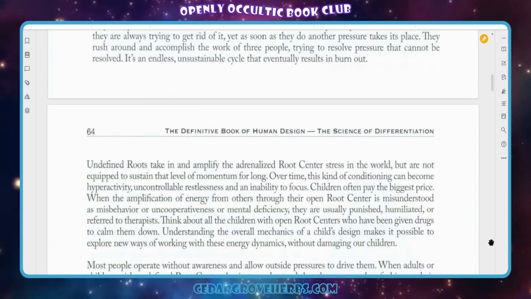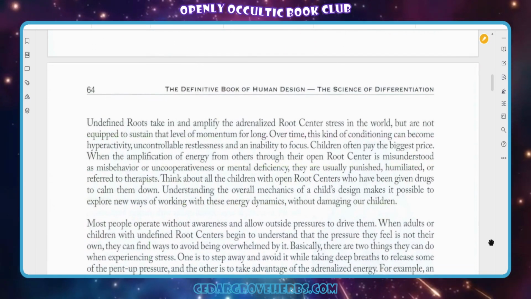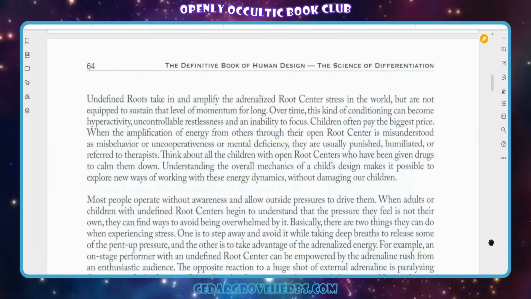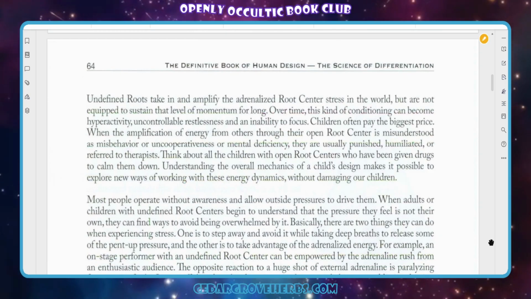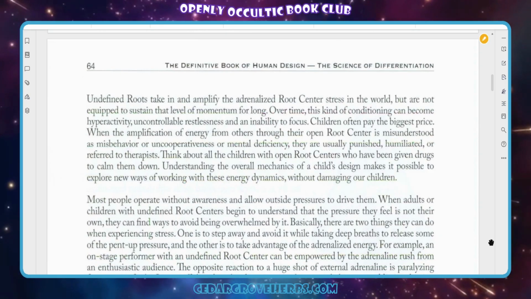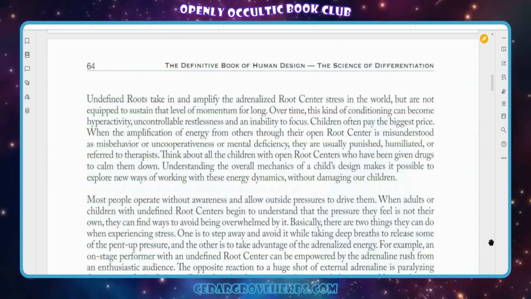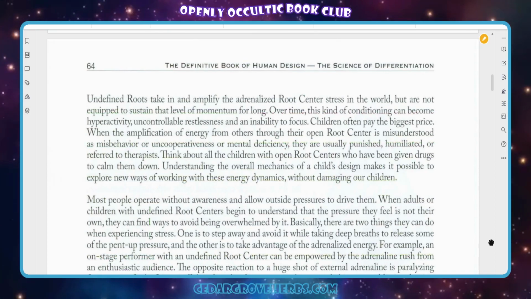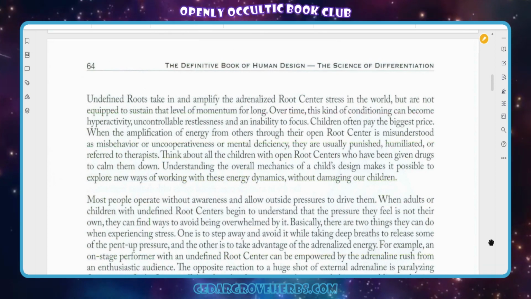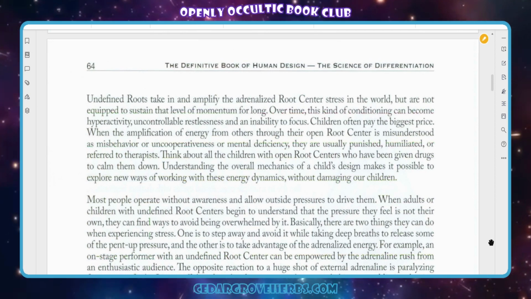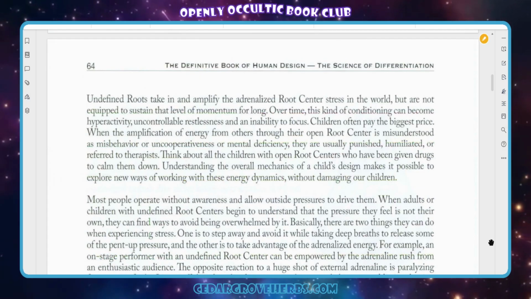Undefined roots take in and amplify the adrenalized root center stress in the world, but are not equipped to sustain that level of momentum for long. Over time, this kind of conditioning can become hyperactivity, uncontrollable restlessness, and an inability to focus. Children often pay the biggest price.